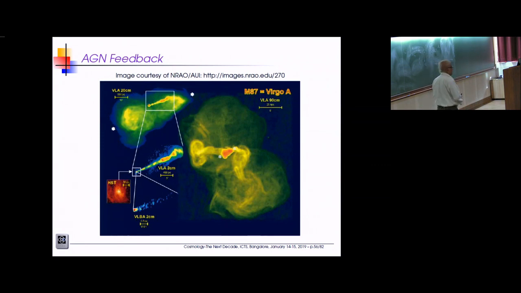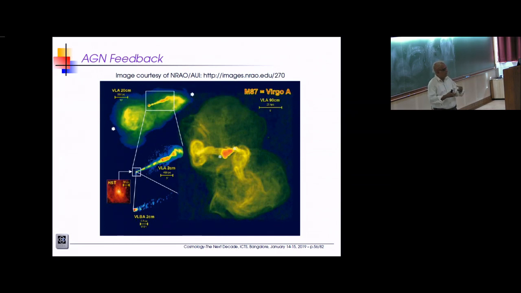So if you take a 10 to the 8 solar mass black hole, it's a few times 10 to the 8 kilometers, which is about 10 to the 13 centimeters. So it's pretty small. Then you have an accretion disk around it, maybe extending 100 times that, 10 to the 15, 16 centimeters.